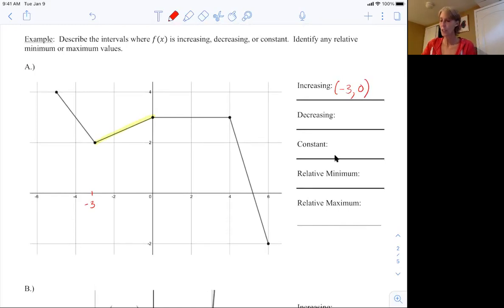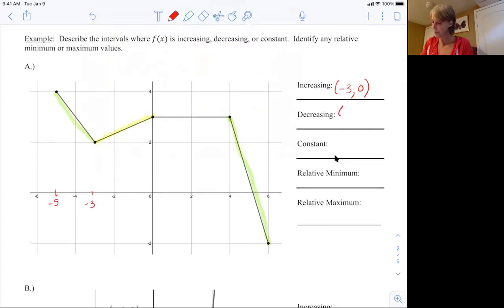Our function is decreasing anytime it's moving in the downward direction. So we're decreasing here and we're decreasing there. If I look a little more closely, that would be probably about -5. Not a perfect graph, but that's okay. So we're decreasing from -5 to -3.